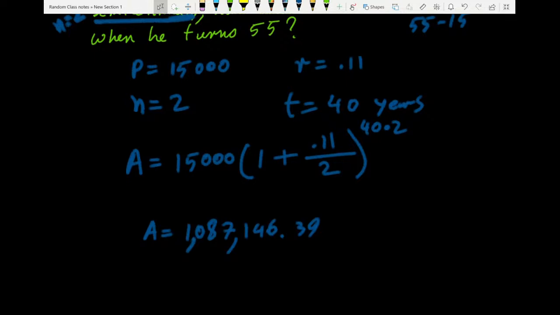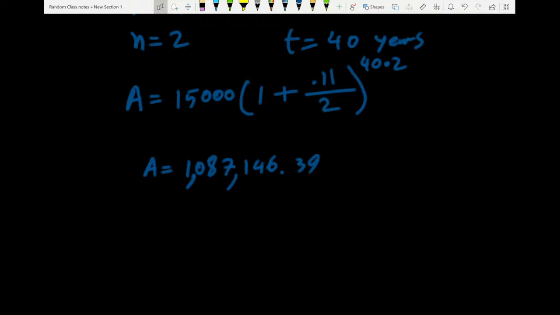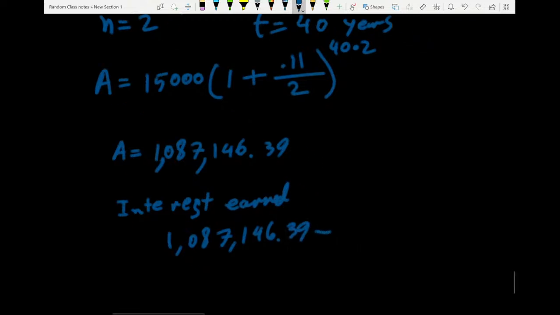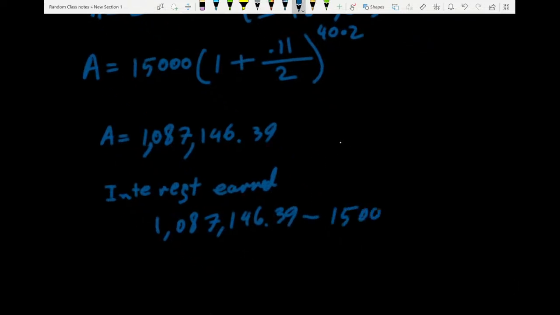And what's the interest Terrence earned? Earned is the total minus 15,000.